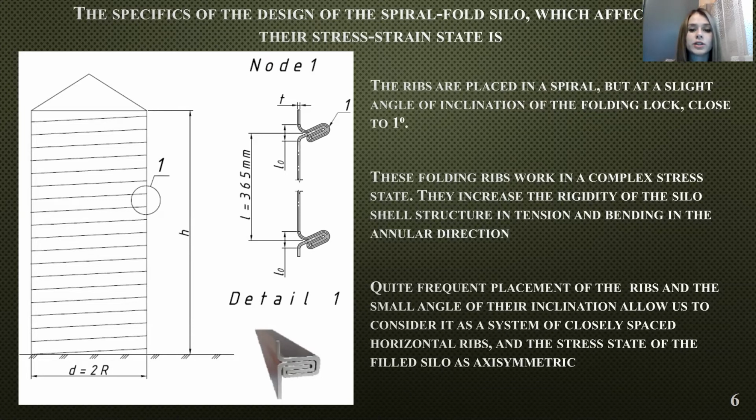They increase the rigidity of the silo shell structure in tension and bending in the annular direction. Quite frequent placement of the ribs and the small angle of their inclination allows us to consider it as a system of closely placed horizontal ribs and the stress state of the fold silo as axisymmetric.